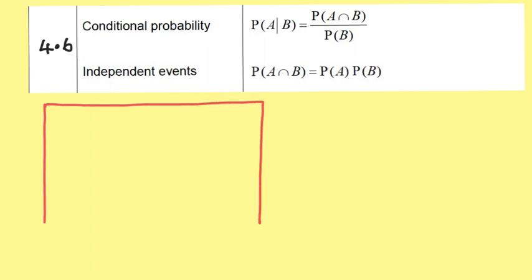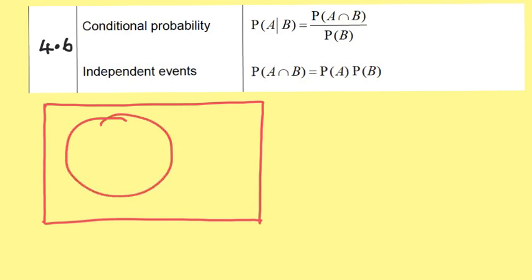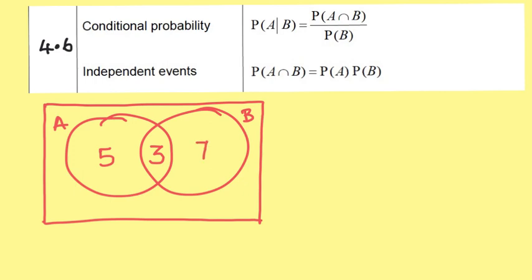It's to do with people liking apples and bananas. I know that 5 people just like apples, 3 people like both apples and bananas, 7 people just like bananas, and 5 people like neither apples or bananas.